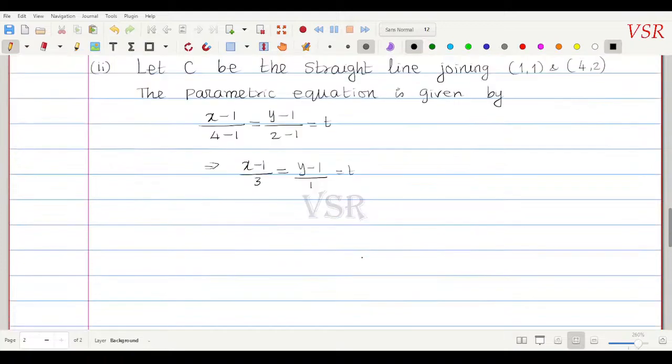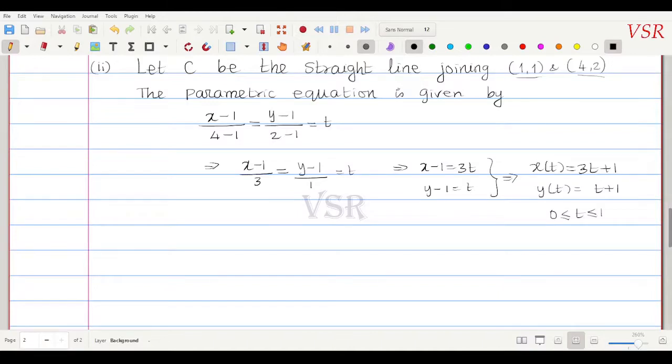So from this, x minus 1 divided by 3 equals t. Then x minus 1 equals 3t, and y minus 1 equals t. So x of t equals 3t plus 1, and y of t equals t plus 1, where t varies from this point to that point. If we put t equals 0, we get (1,1). So t varies from 0 to 1.